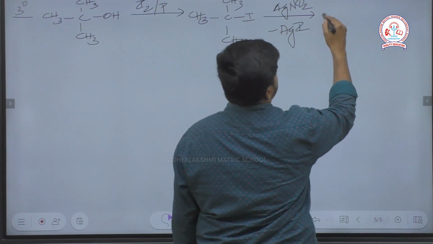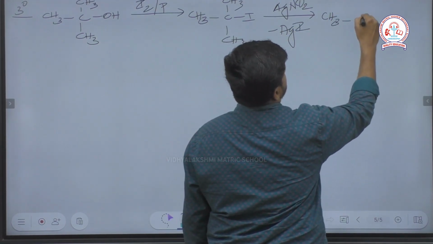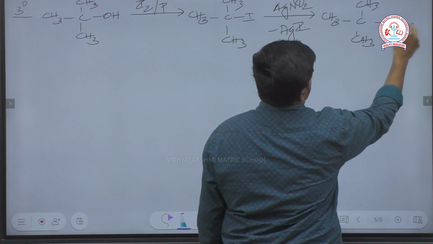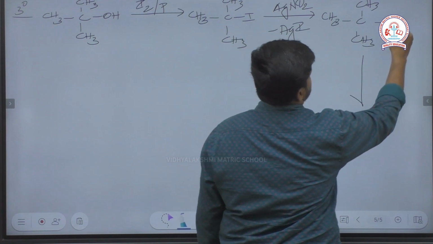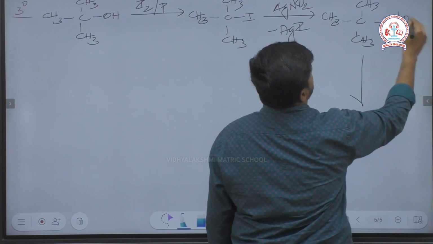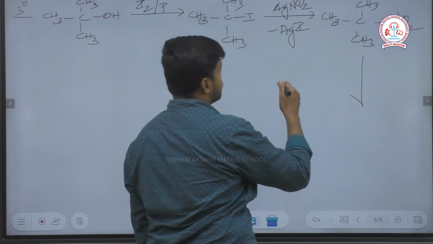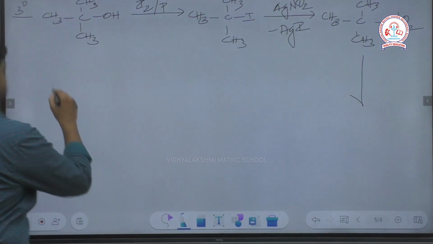So NO2 replaces there: CH3, C, CH3, CH3, here it is NO2. So the name of this compound is 2-methyl-2-nitropropane.